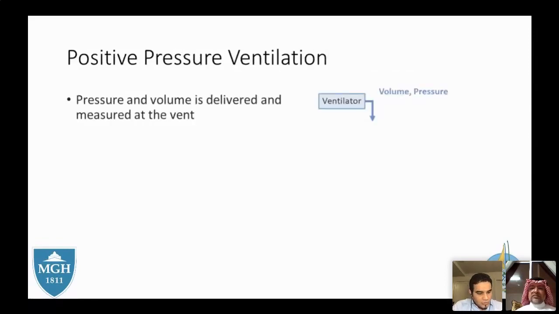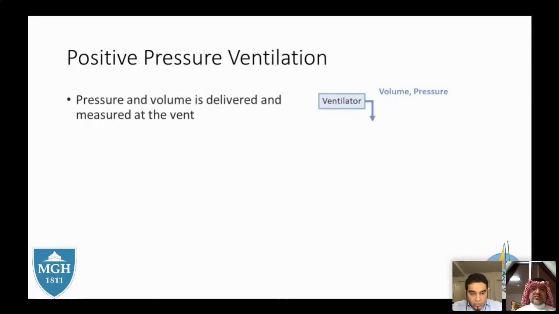All right. So unlike natural breathing, where air is drawn into the lungs by negative pressure with chest wall expansion, mechanical ventilation is generally delivered with positive pressure. We are pushing pressure into the lungs, meaning air is pushed down into the lungs.